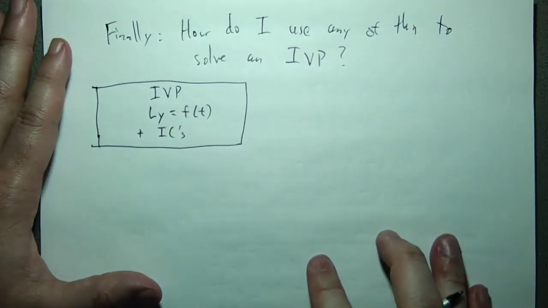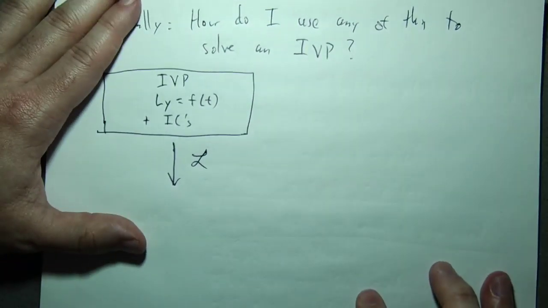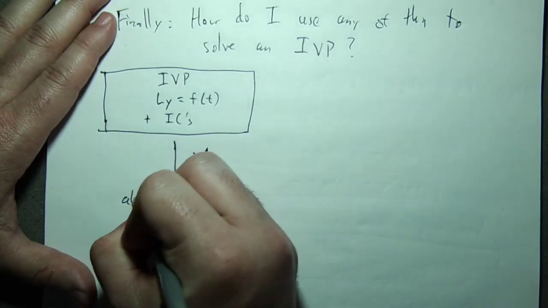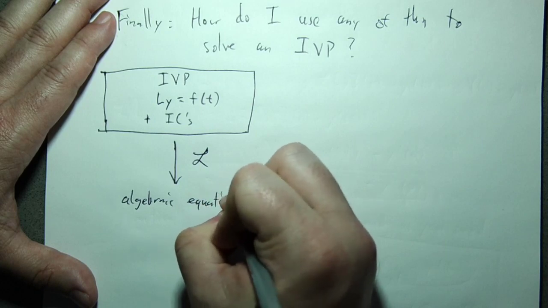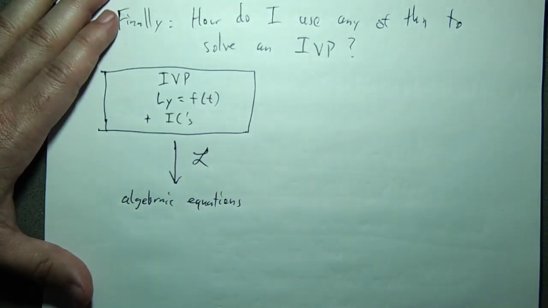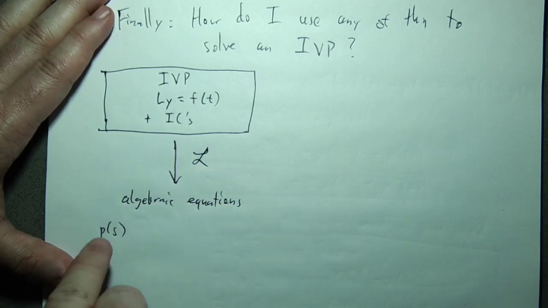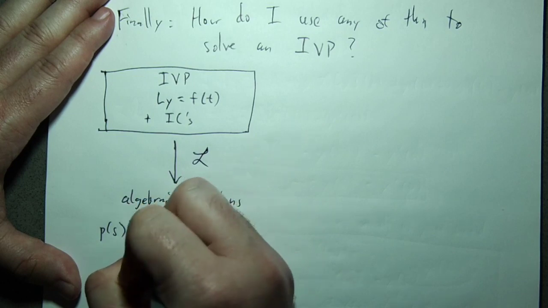I hit this with the Laplace transform. This gives me algebraic equations. The form that these algebraic equations are in is P of S, which is the characteristic polynomial. I'm actually spoiling some of the fun here.